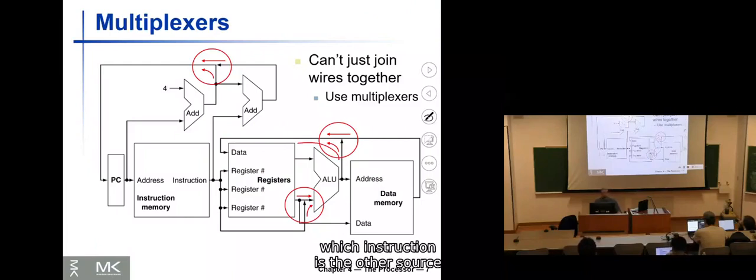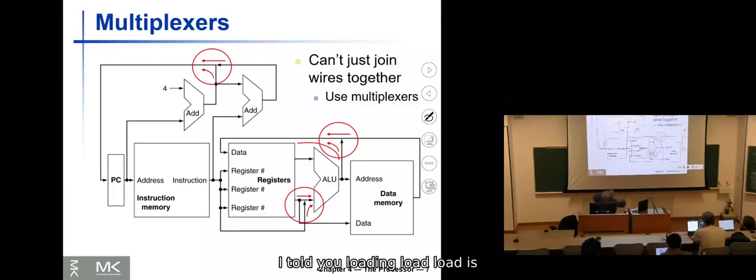Which instruction is the other source of writing to a register, in addition to arithmetic operations? A store is storing in memory. Which one is loading? I told you, loading. Load is another source for writing to a register.